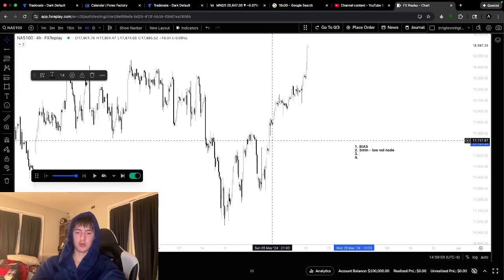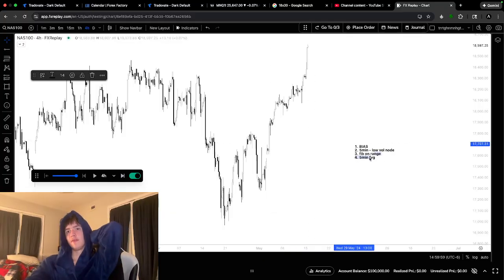Then I put the fib tool on the range and try to see where the 5-minute lines up. And then there's a 5-minute fair value gap. These are the confluences.